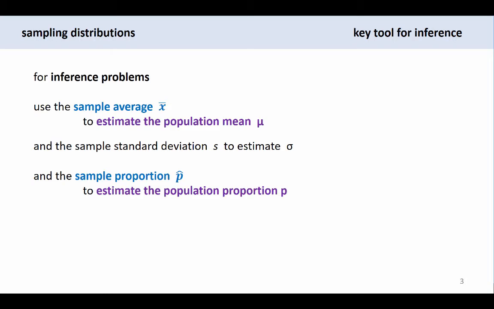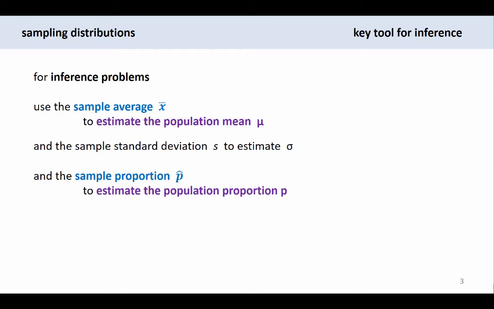For inference problems coming up in weeks 5, 6, and 7 especially, we're going to use the sample average x bar to estimate the population mean mu, and we're going to use the sample standard deviation s to estimate the population standard deviation sigma. Most of our questions will actually be about means, but we're going to need to use the standard deviation to work with those.